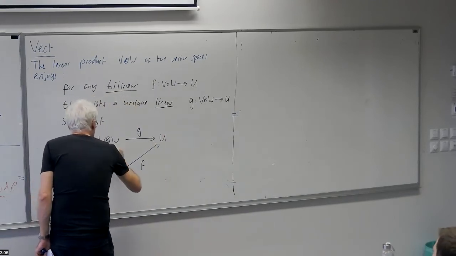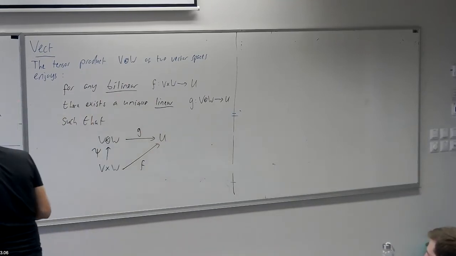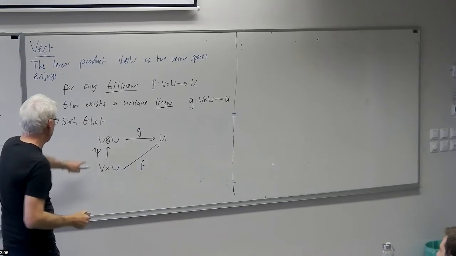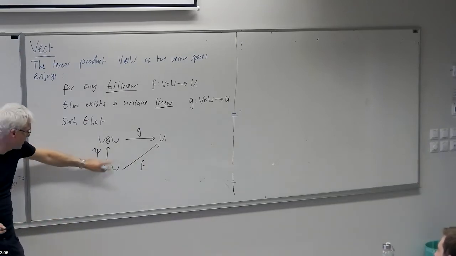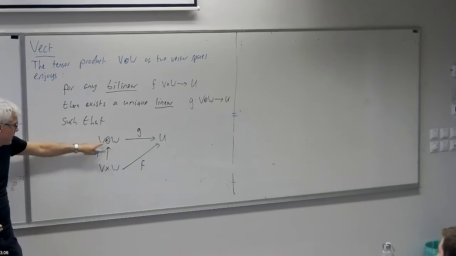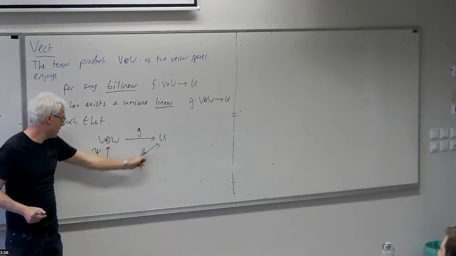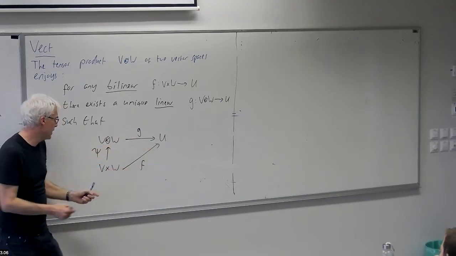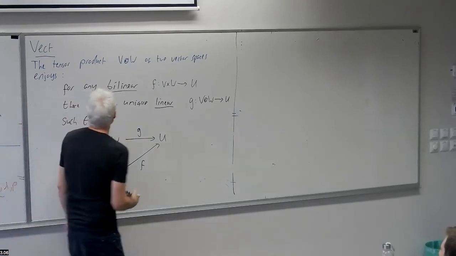And the point is there's a particular bilinear function from V and W into the tensor product, which is, in a sense, the universal bilinear function, in this sense: any bilinear function from V and W is a linear function composed with that universal bilinear function.